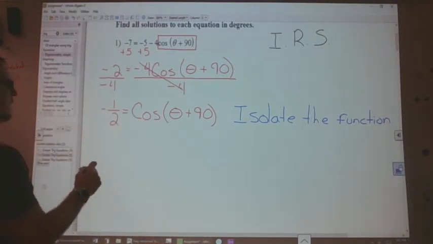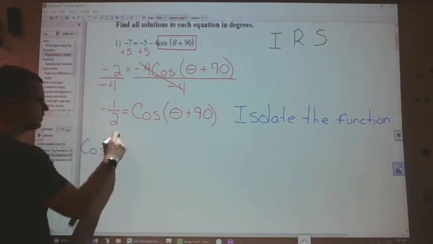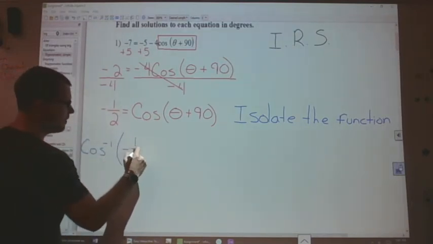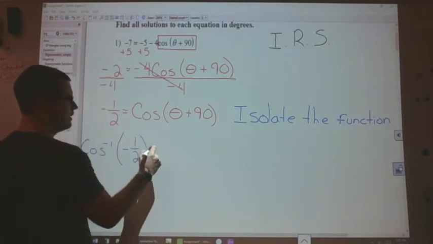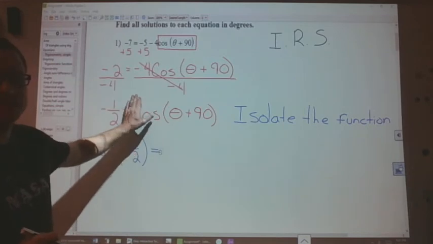Inverse cosine both sides. So we're going to do inverse cosine of -1/2 is equal to, and when I take the inverse cosine on this side, it's going to cancel.